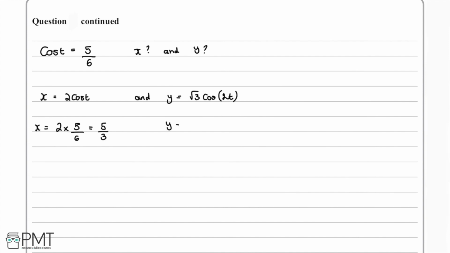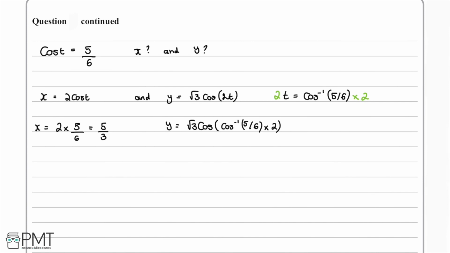We'll have y is going to be equal to root 3 multiplied by cos. And then how do we deal with this 2t? So we know that t is going to be equal to cos negative 1 of 5 over 6. So this means that 2t is going to be equal to 2 times this. So therefore, what we can do is replace 2t with cos negative 1 of 5 over 6 times 2.